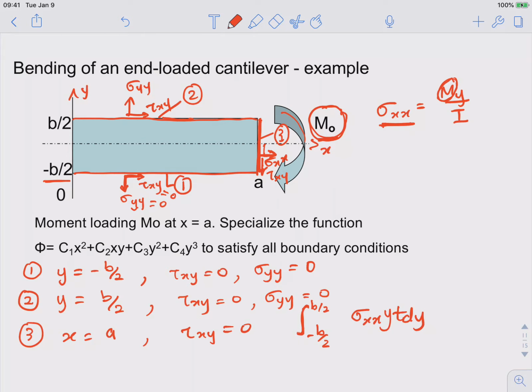So it will be a sigma y t dy that I will end up integrating. And once I do that, I basically have a force times a moment arm, which should equate to the external moment that was applied on it, because this is the external that was applied on it, and this is the equivalent internal moment that should match up.